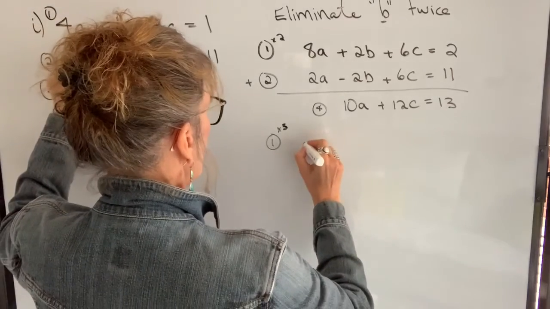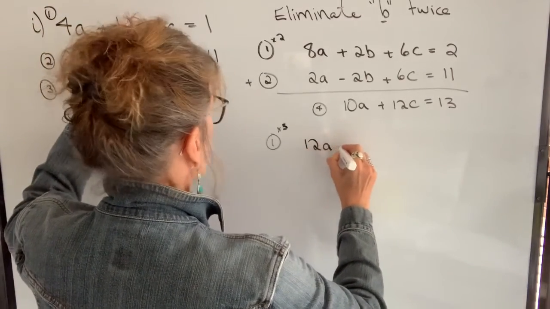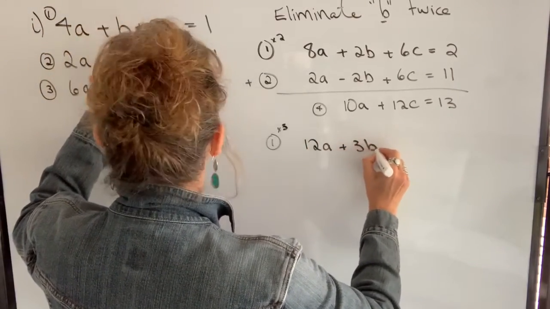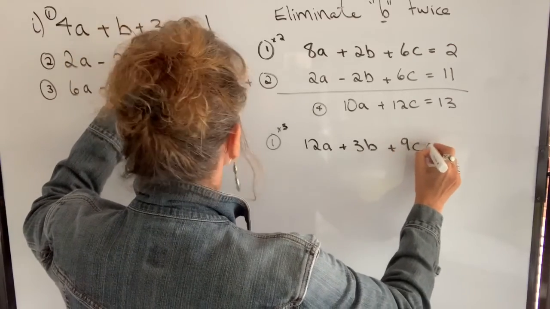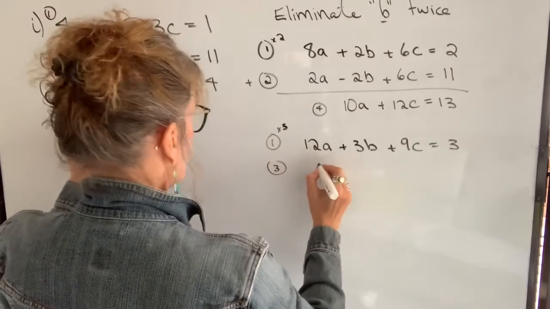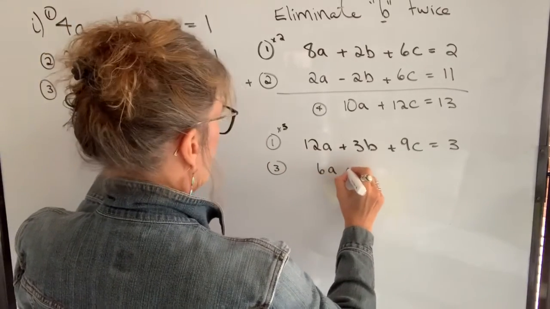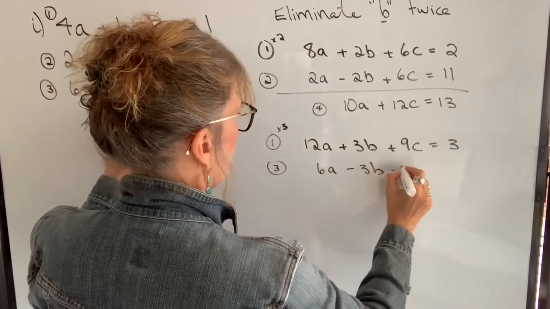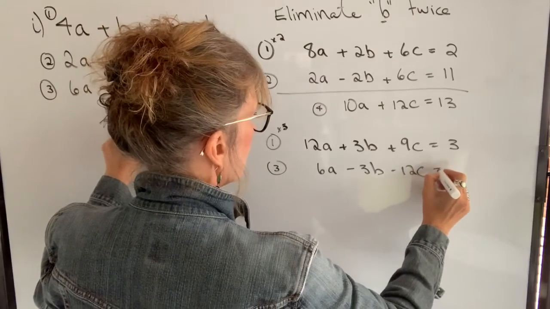So I'm going to get 12A plus 3B plus 9C equals 3. Equation 3 I leave as is, 6A minus 3B minus 12C equals 4.